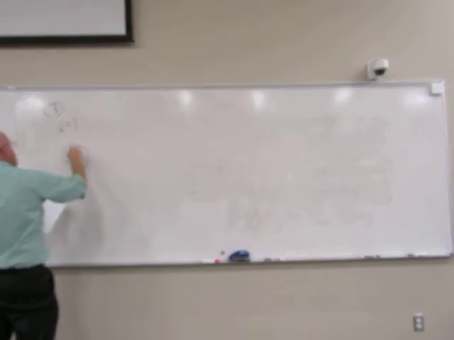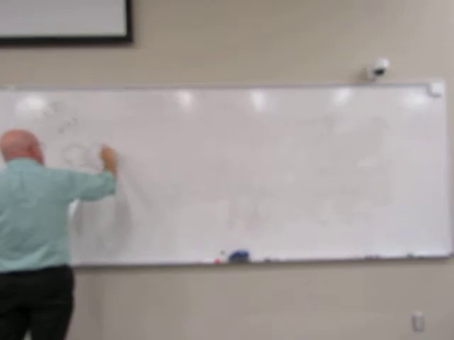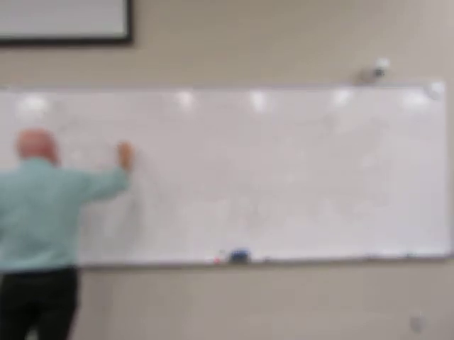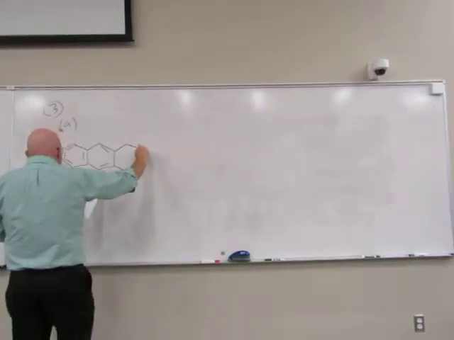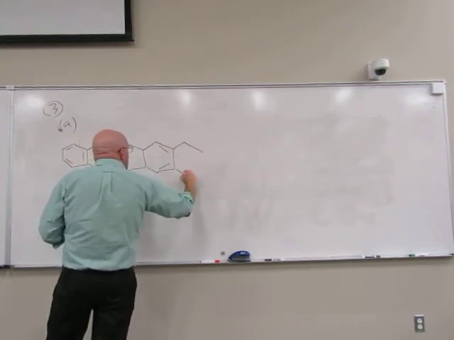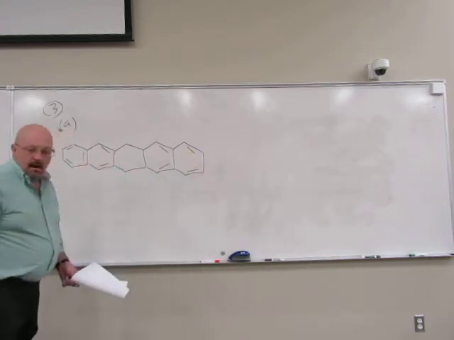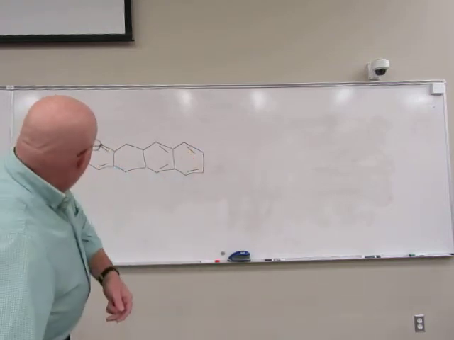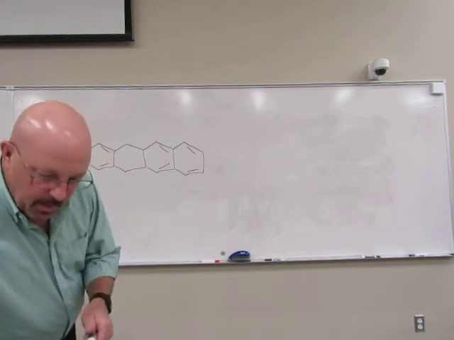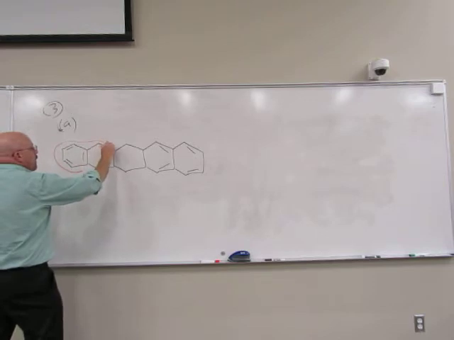the first structure there, look for the most conjugation that you have. You're looking at what is the maximum amount of conjugation within the molecule. So if you look at that one, the most double bonds that we have that are conjugated is 5. These here are all conjugated. They are adjacent to one another.